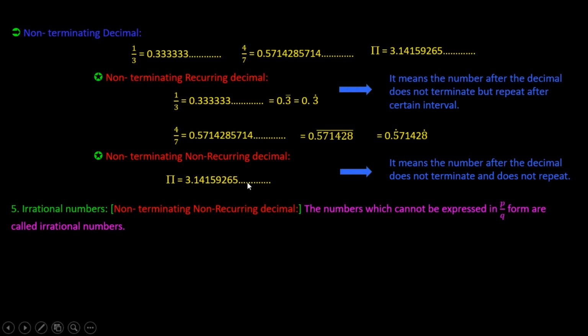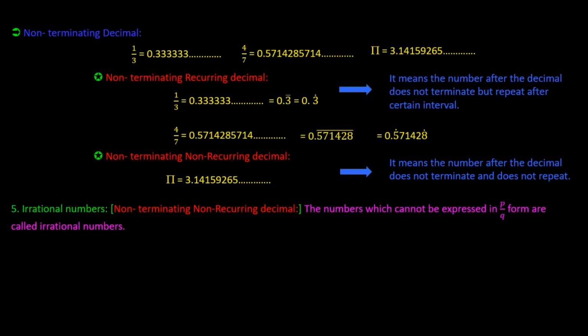So they are not exactly equal. For simplicity, we use 3.14 as 22 by 7 or pi. Sometimes we will use 22 by 7, but it is not the exact value of pi.